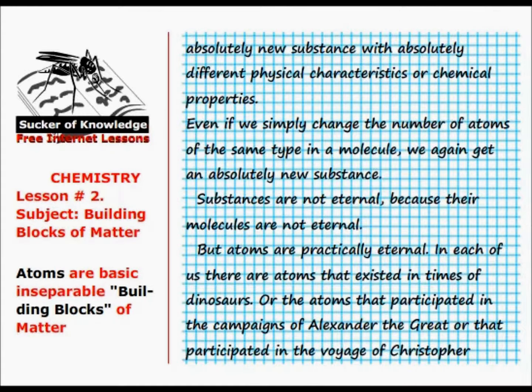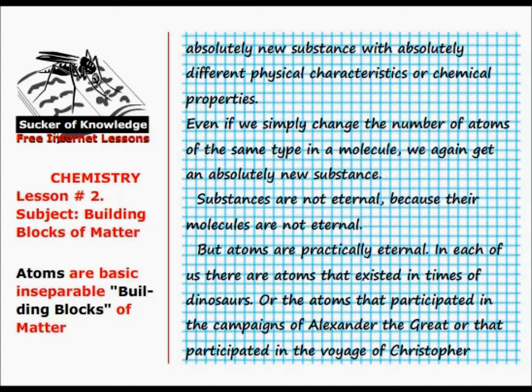Even if we simply change the number of atoms of the same type in a molecule, we again get an absolutely new substance. Substances are not eternal, because their molecules are not eternal. But atoms are practically eternal.